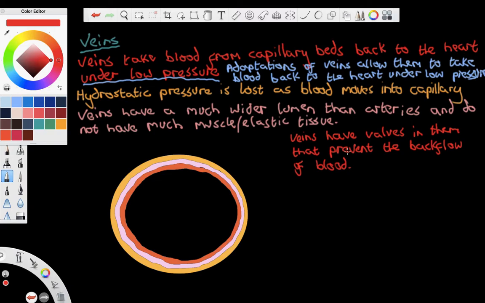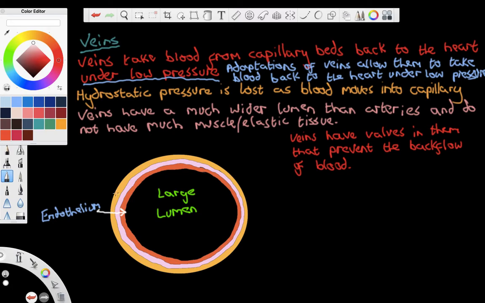So let's label up our diagram. This time I'm going to put in the middle that it has a large lumen. Okay? It has a very large lumen. Next to the lumen, and I can't remember what colour we used, I think it was this one, it's got an endothelium, which is this layer here next to the lumen.